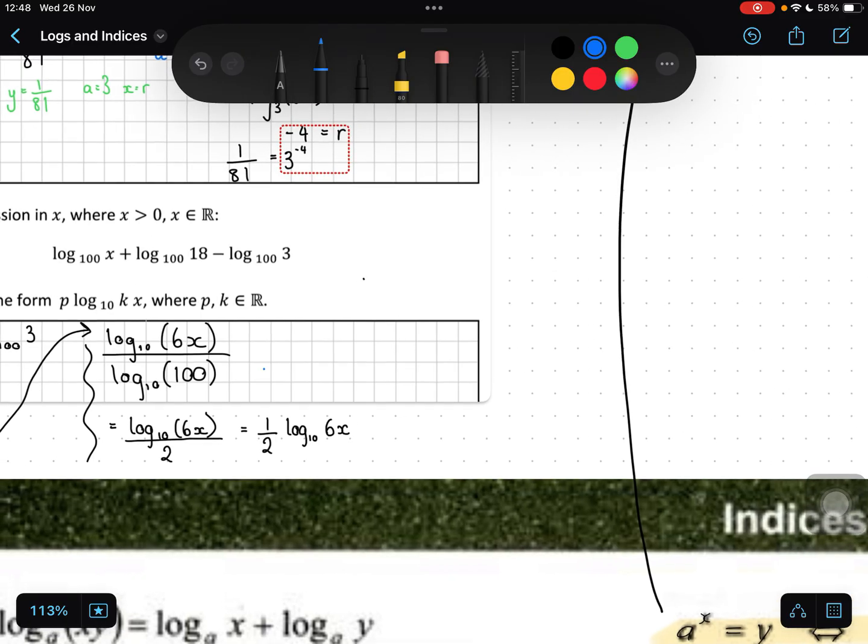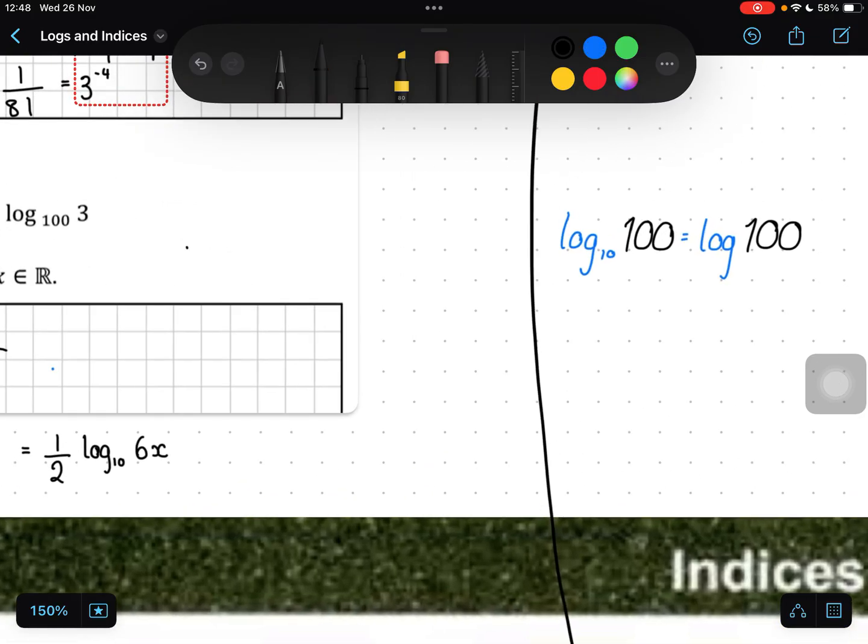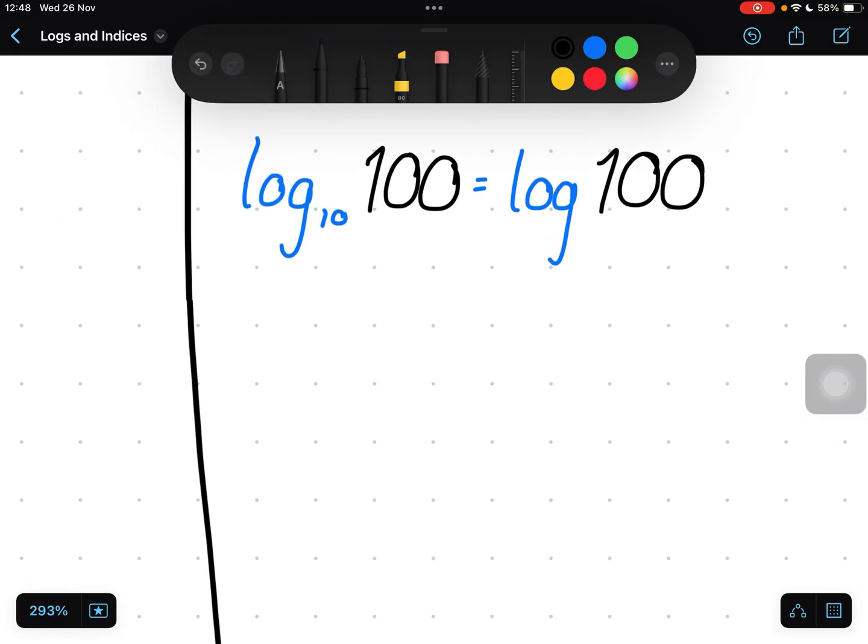Let's say we had this log base 10 of 100. If you actually type into your calculator, there's a separate button. So log base 10 of 100 is the same as log of 100. So if there is no base shown, that's automatically a base 10.